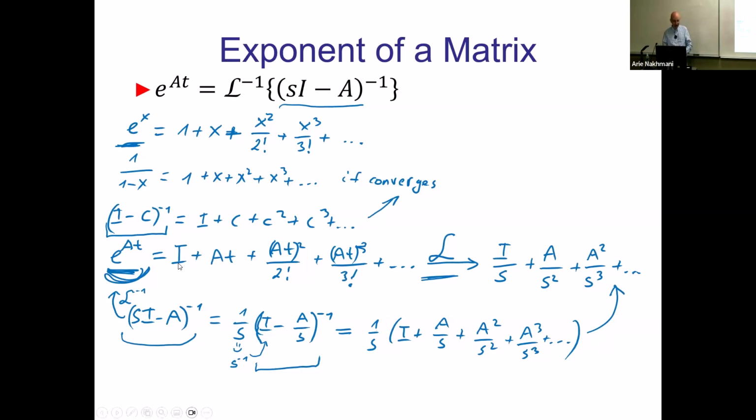This will be written, as I said, like I plus At plus A squared t squared divided by factorial, and so on. Now, if you make Laplace transform of something multiplied by t, it's like dividing by s. If you're looking in the tables, multiplication by t of some function in time, it's just dividing by s.